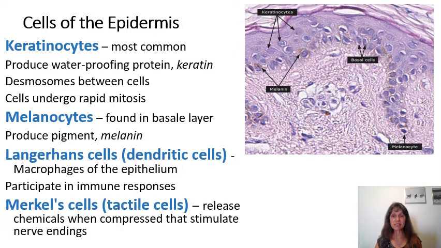Here we can actually see some of the cells in this picture that are identified. So we can see the keratinocytes here, the basal cells here. They're showing some melanin, which is this darker, almost brownish appearance that's being pointed to.